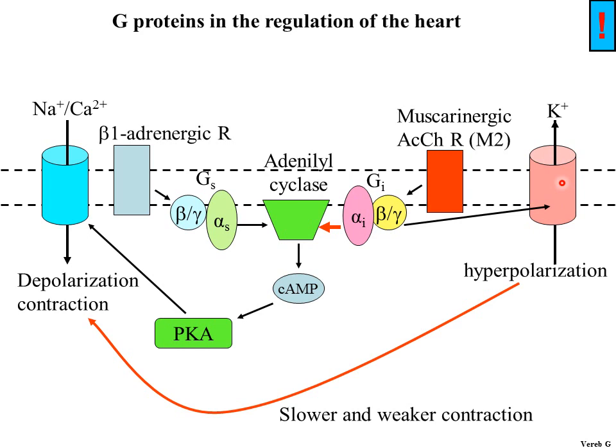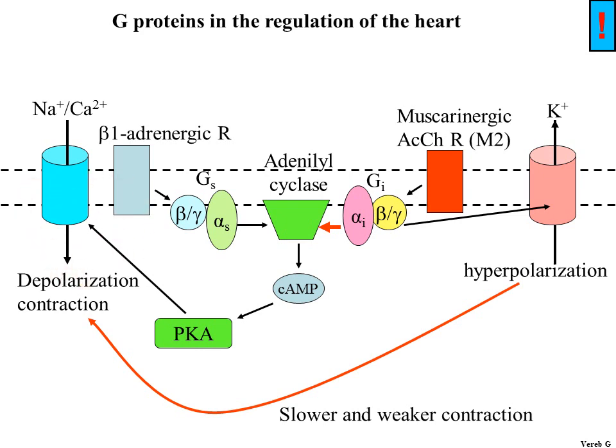hyperpolarization of the cell, because potassium conductance increases and the membrane potential shifts towards the potassium equilibrium, which is about -90. So the heart muscle cell will hyperpolarize. And this hyperpolarization will make it more difficult for this channel to get activated and to initiate contraction.